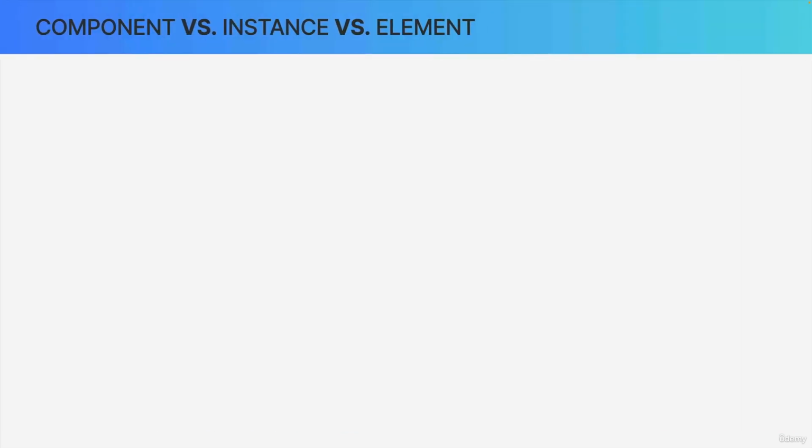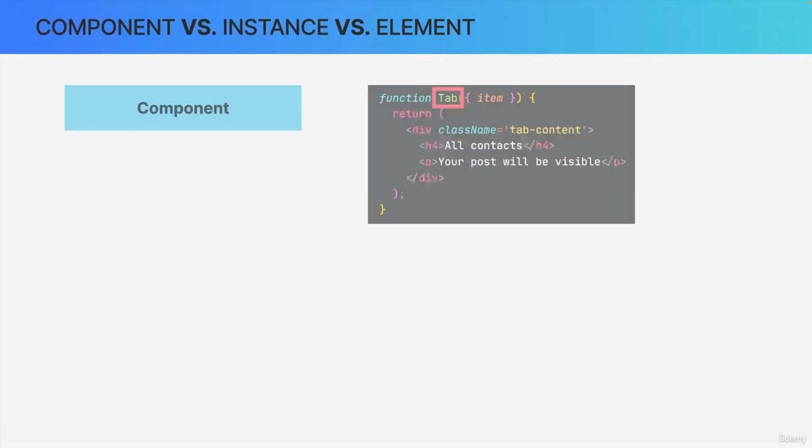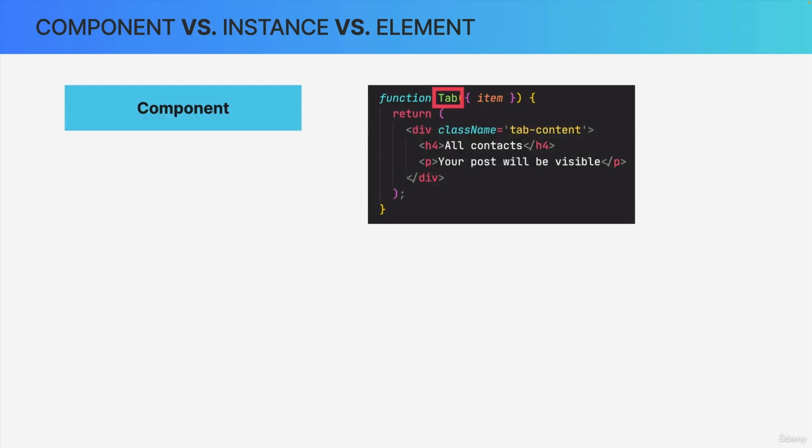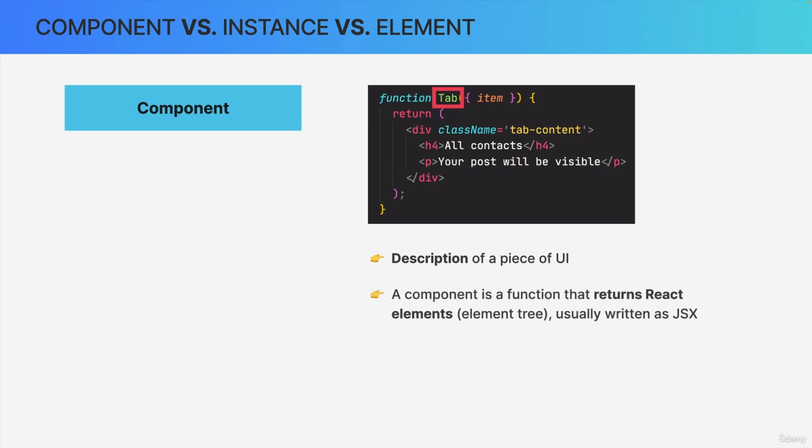And let's begin by taking another look at components. So, components are what we write in order to describe a piece of the user interface. And a component is just a regular JavaScript function, but it's a function that returns React elements. So it returns an element tree.